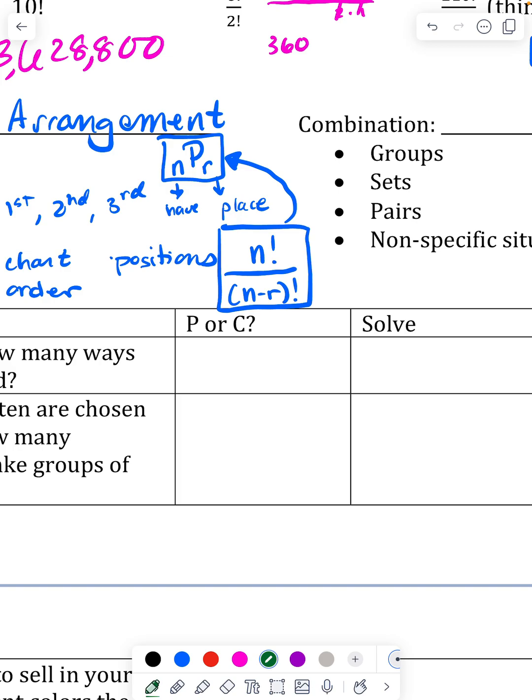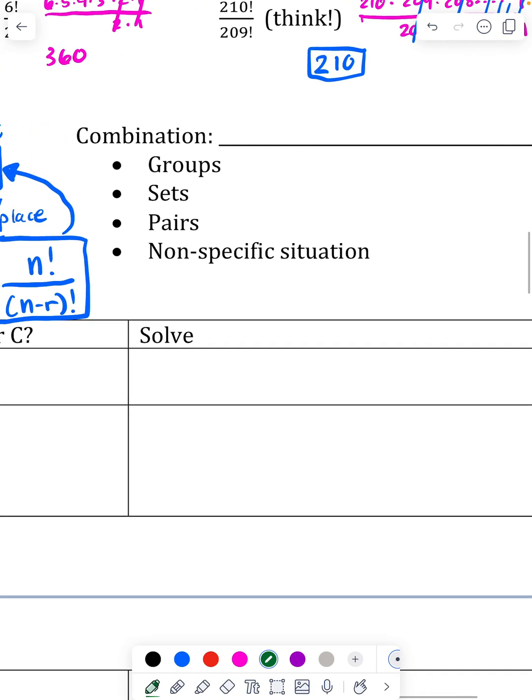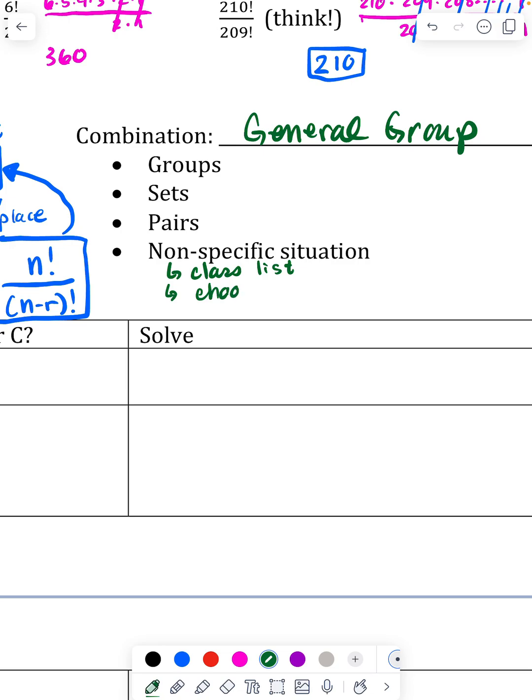Now, the other option is combination. And a combination I think of as a general group. So here, I'm not putting you in a specific position or seating you. I just have a general group. And so maybe this is just going to be like my class list. That's just the group of kids who are in my first hour. Or maybe this is just going to be like choosing the team.